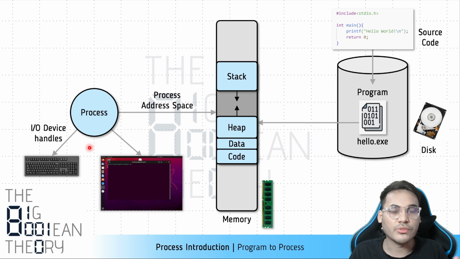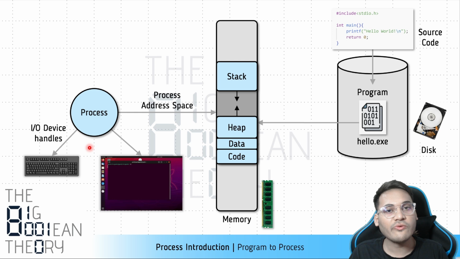So the bare minimum thing that Unix based operating systems do is that they connect the process with these IO devices. That is what is called an IO device handle. Basically, using these handles, the process can communicate with the standard input or standard output device. So this basic setup the operating system does for all the processes. If the process wants to use or communicate with more of the IO devices, it can do it later when it is running.